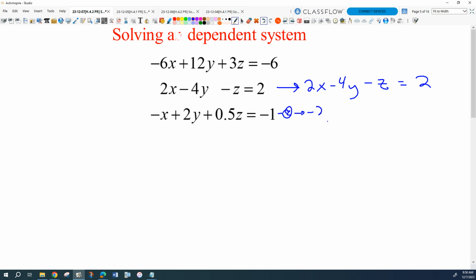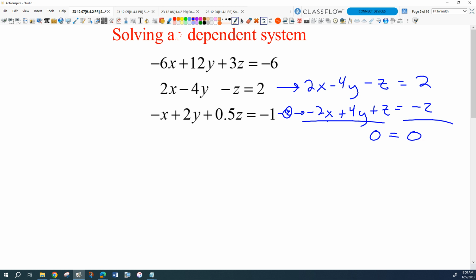We're going to get negative 2x plus 4y plus z equals -2. And so if I add all those up, I just get 0 equals 0. Everybody see that?